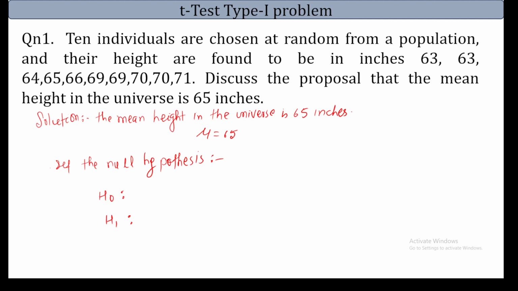We can't reject the null hypothesis. Okay, I'll check.